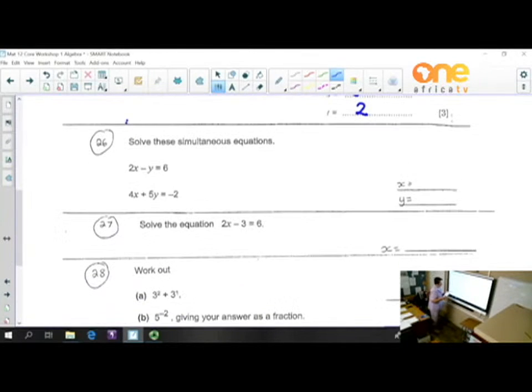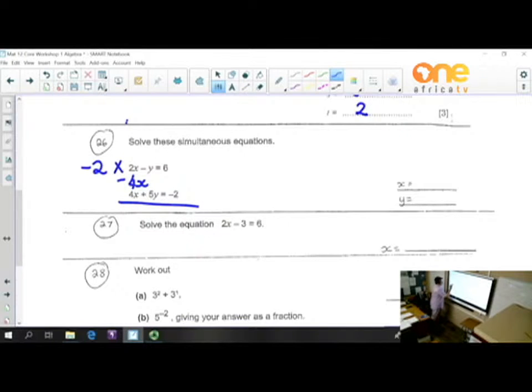Question 26, another solving simultaneously. So this is a difficult one because I cannot eliminate anything here. There's nothing that wants to eliminate. What I can do is multiply this one with negative 2. If I do that, I have here a negative 4x, which will allow me to eliminate x.